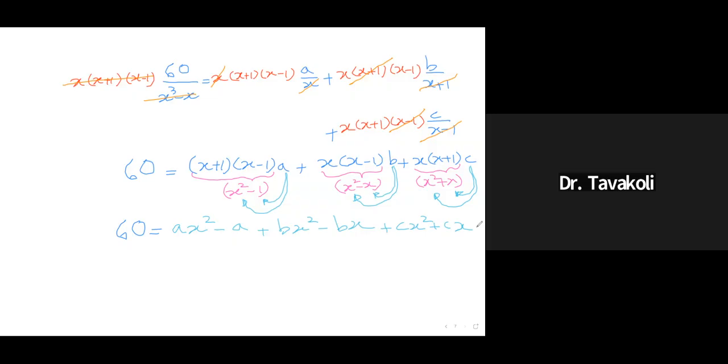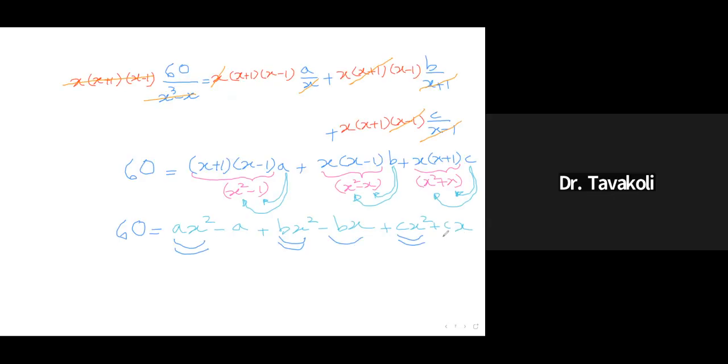Okay, now I can combine the like terms on the right side. ax squared, bx squared, and cx squared add up. Let me continue on the next page as (a + b + c)x squared.